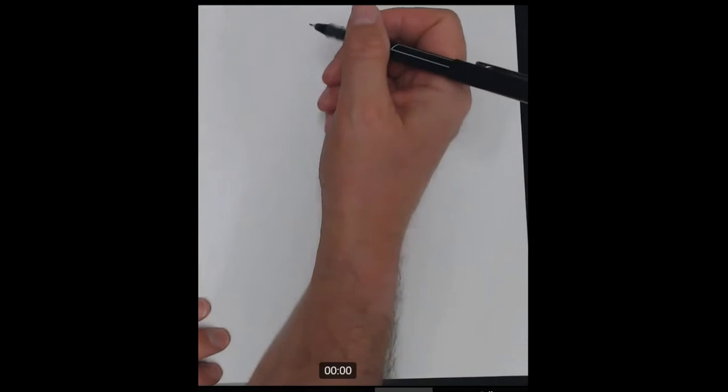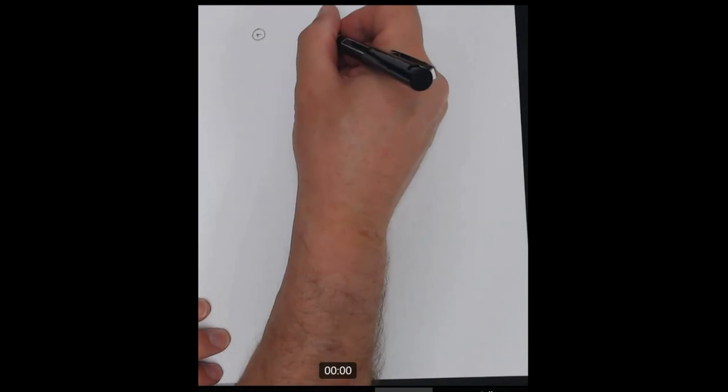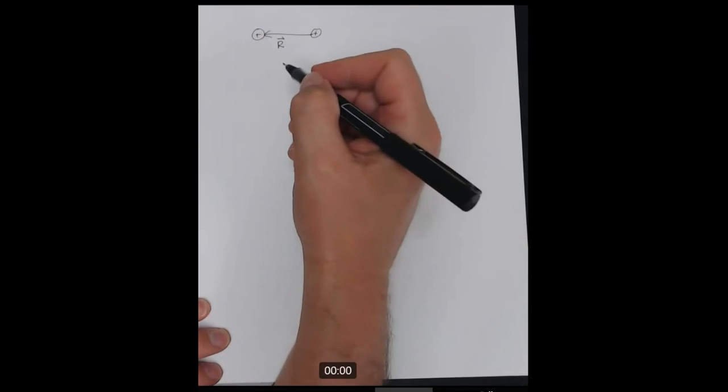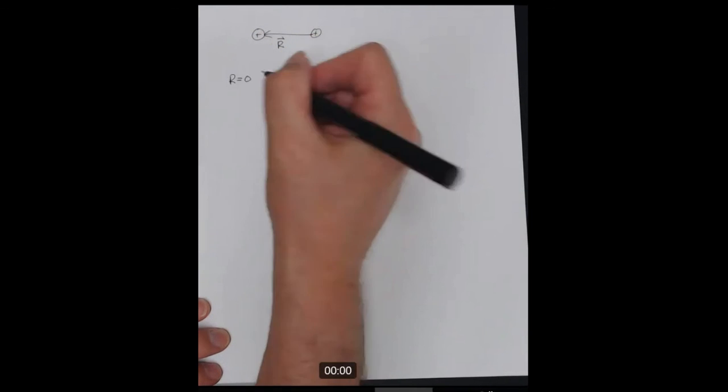So now we're thinking about the energy of the electron. And R is the distance between those two nuclei, if you remember. Big R.